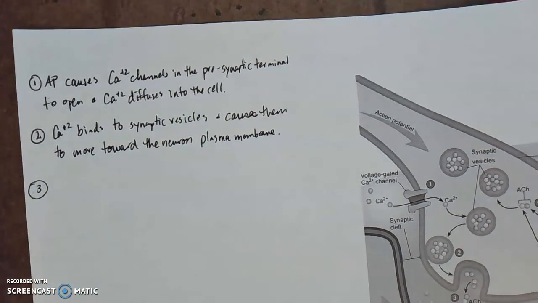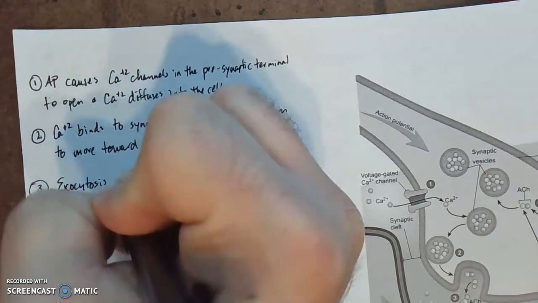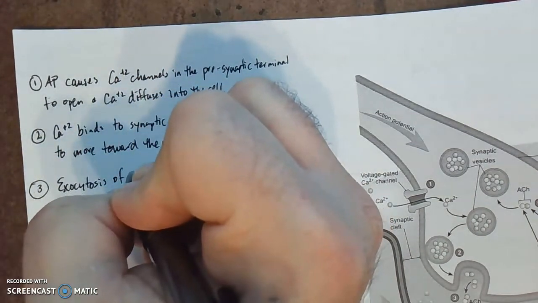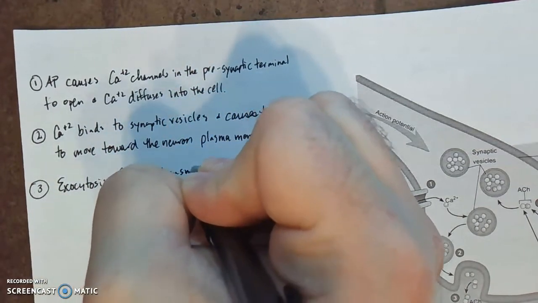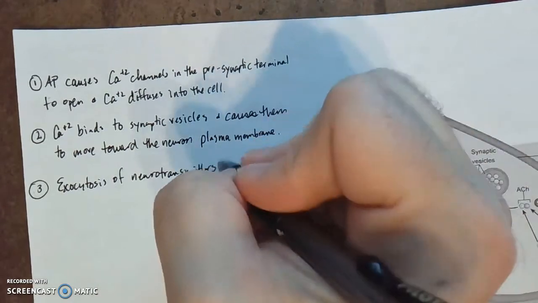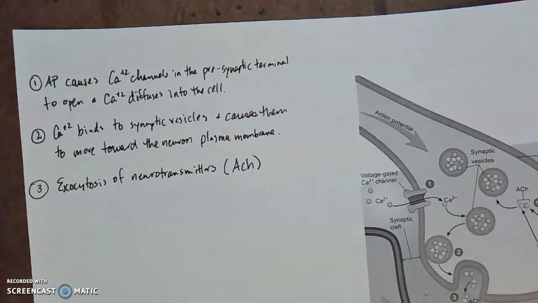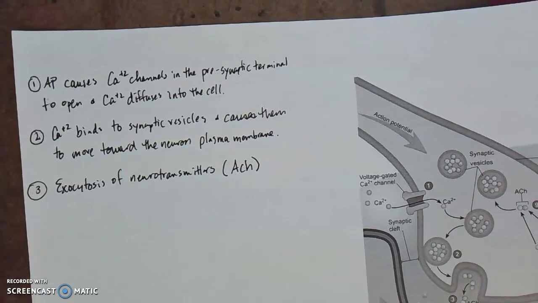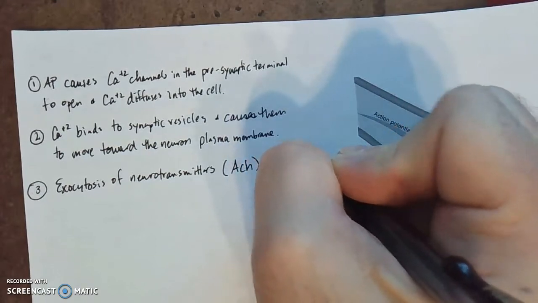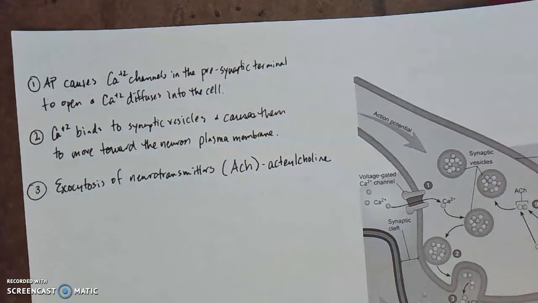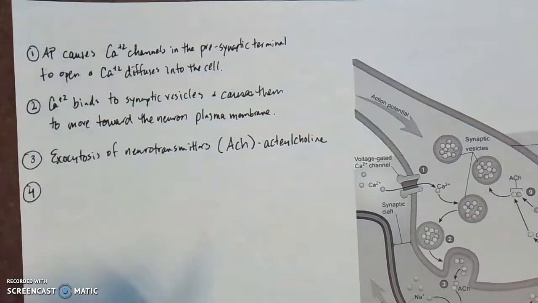So number 3, we have exocytosis of the neurotransmitters. And that is going to be acetylcholine, so ACH. Since this is a neuromuscular junction, this is the neurotransmitter.